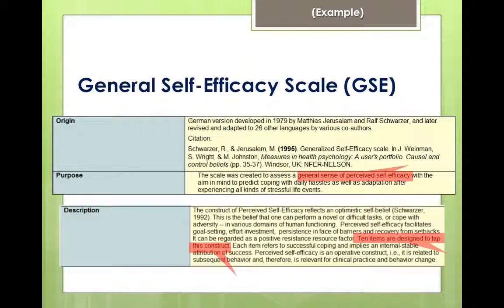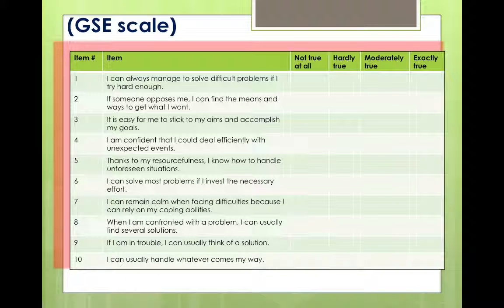This information also tells you the GSE has 10 items. Let's take a look at the 10 items on the next slide. I have recreated the scale on this slide for you. This is what the scale would look like on paper for a participant to fill out.